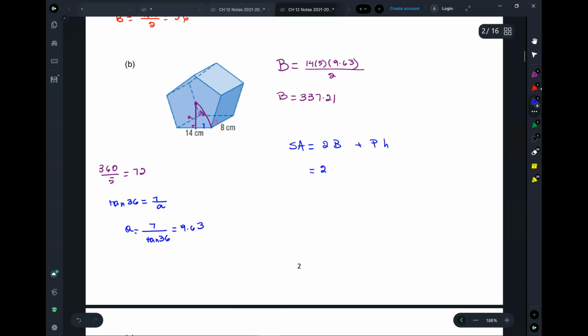This is 2 times b plus the perimeter is 70 times 8. It's 1234.43. A cute little number. Okay? All right. Next.